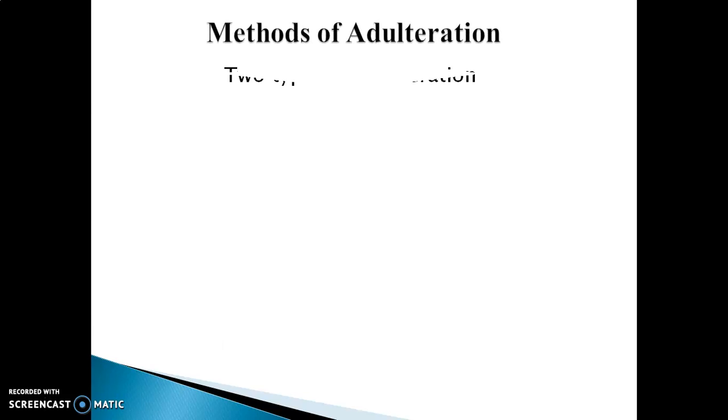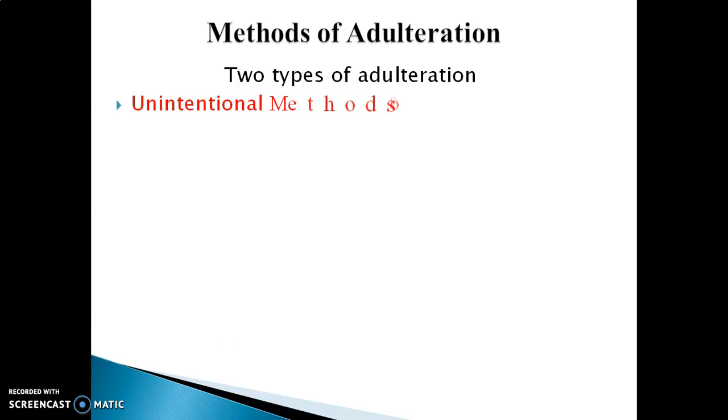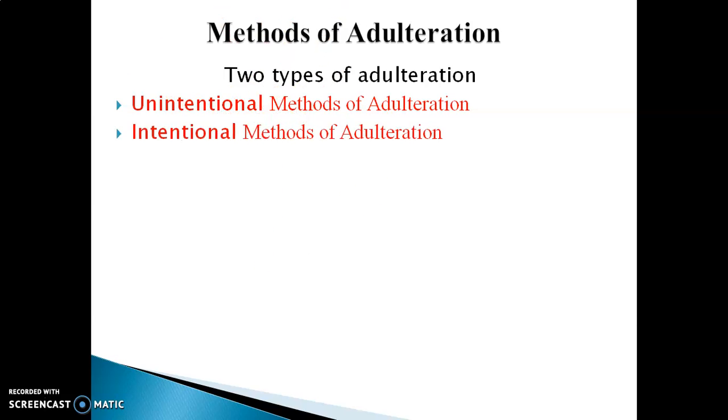Now we will start with the methods of adulteration. There are mainly two methods of adulteration: the unintentional method, which occurs accidentally, unknowingly or without proper knowledge, and the intentional method, which is generally carried out with an intention for adulteration purpose.